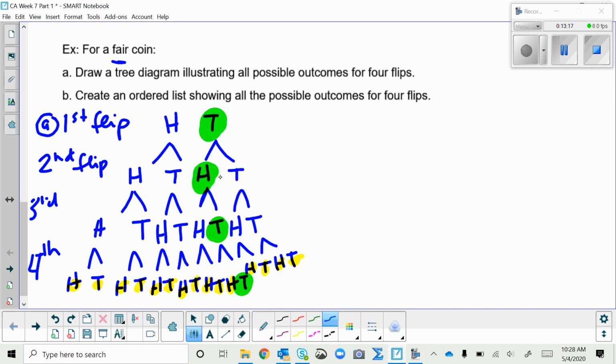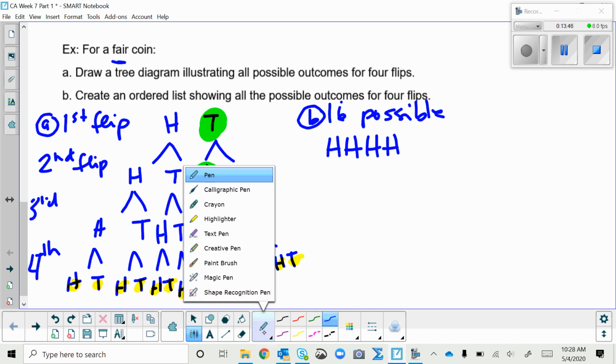And so now, this is just a tree diagram of all the options, and we're going to use that to write out all the options. So there's 16 possible outcomes. For example, if I had heads the first time every single time, I would write that as this. Heads on the first flip, heads on the second, the third, and the fourth.